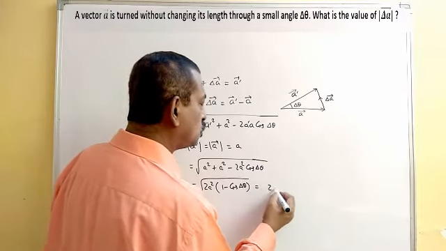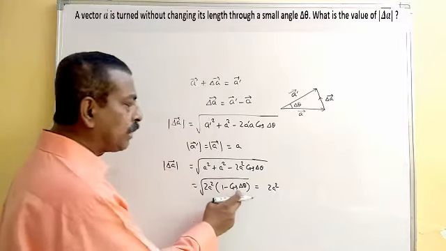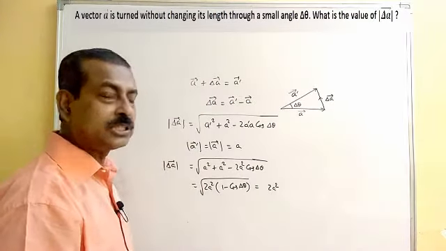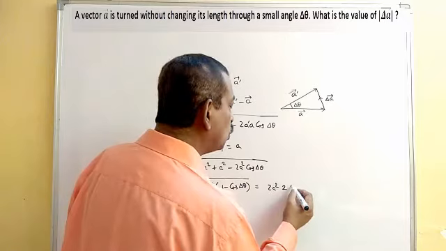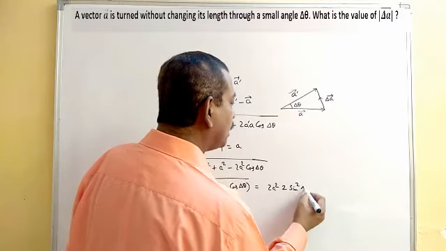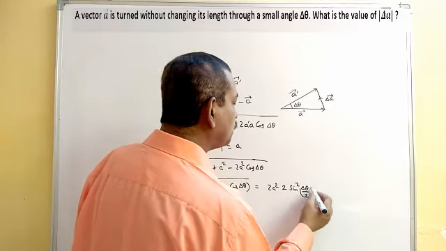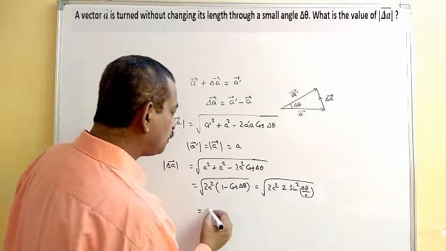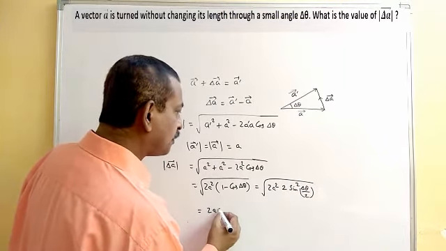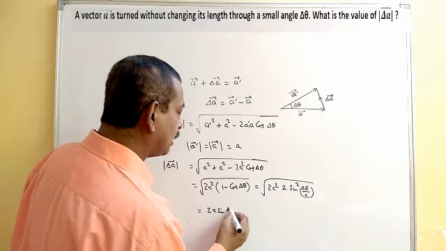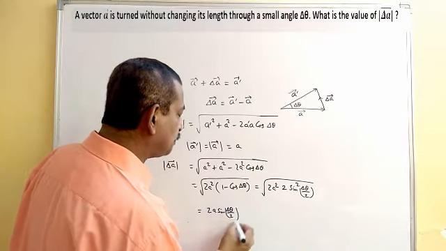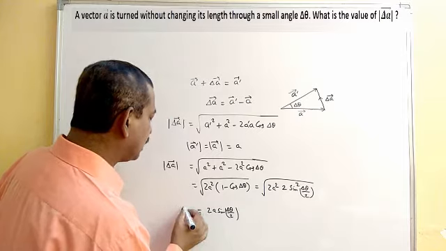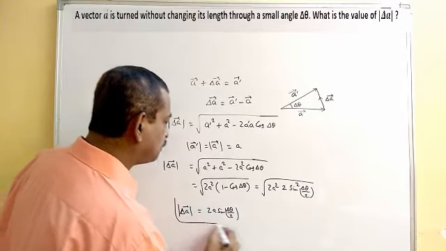Now 1 minus cos delta theta can be written as 2 sine square delta theta by 2. So the magnitude will be equal to 2A sine delta theta by 2. This is your delta A vector magnitude.